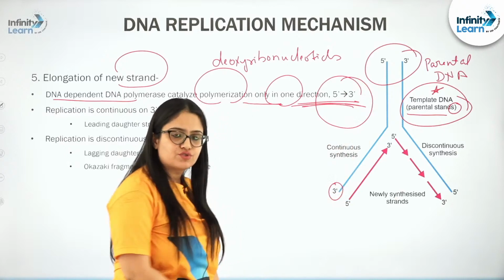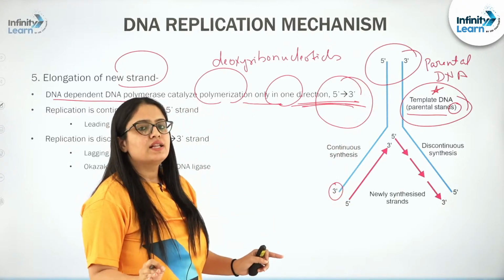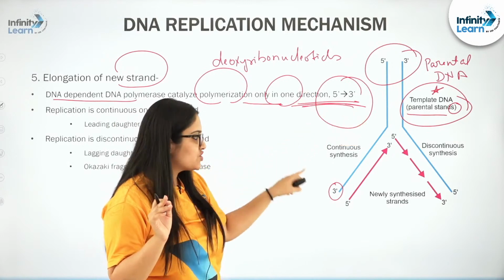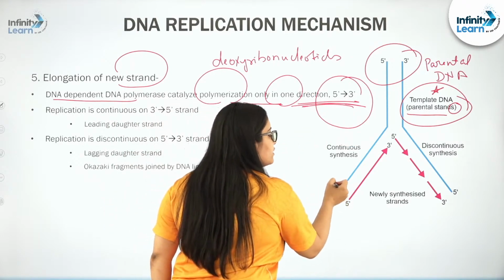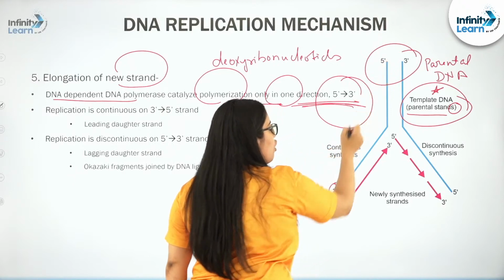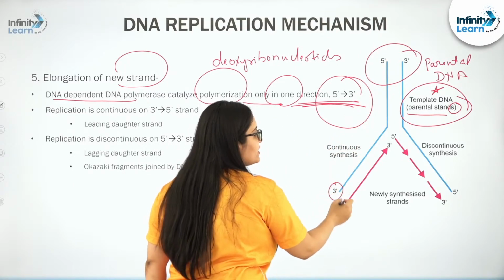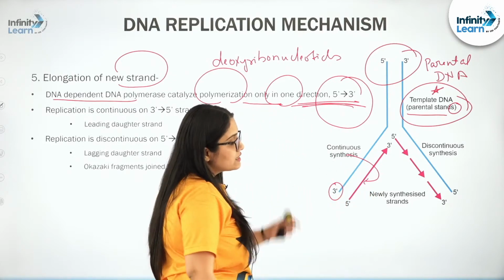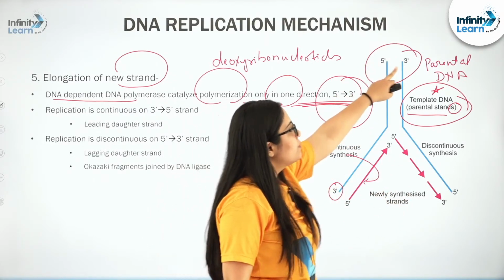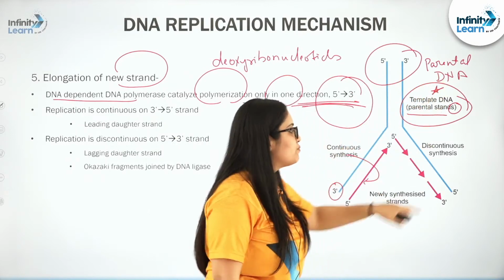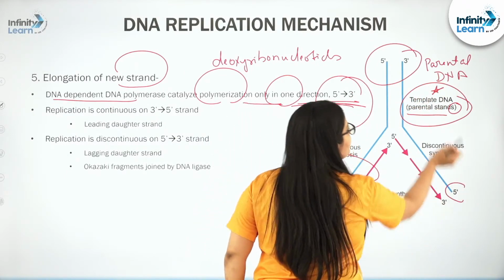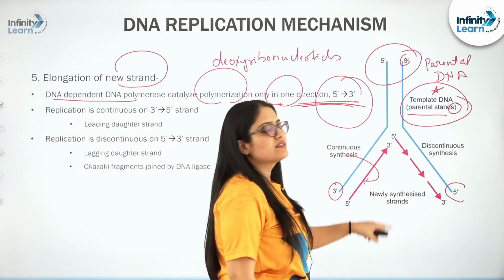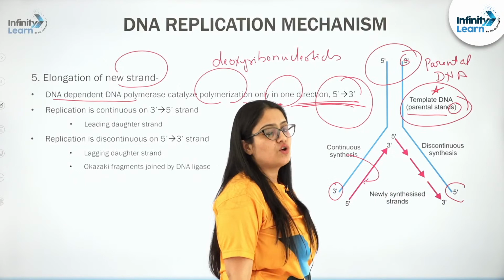I repeat myself, students, the strand of the parental DNA molecule that possesses the polarity 3' to 5', on this template strand there will be continuous synthesis of the new strand, and on the strand of the parental DNA molecule that possesses the polarity 5' to 3', on this the newly synthesized strand will be discontinuously formed.